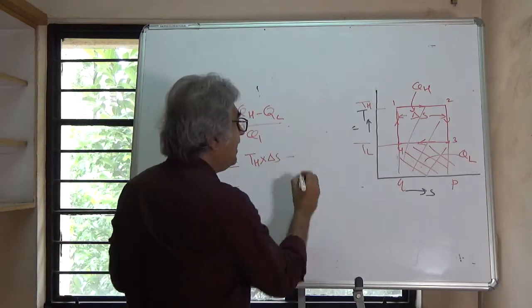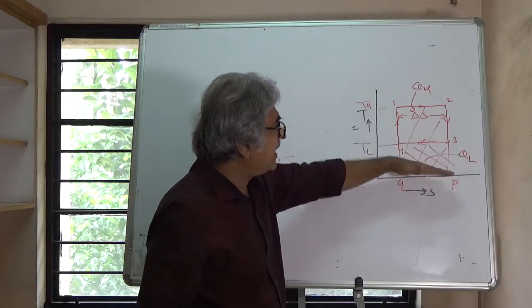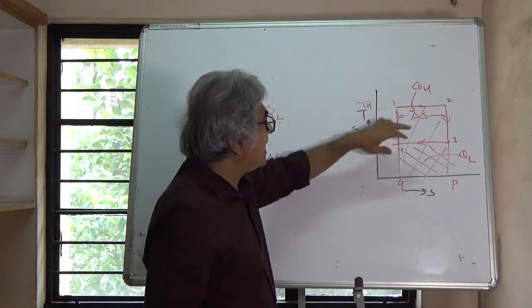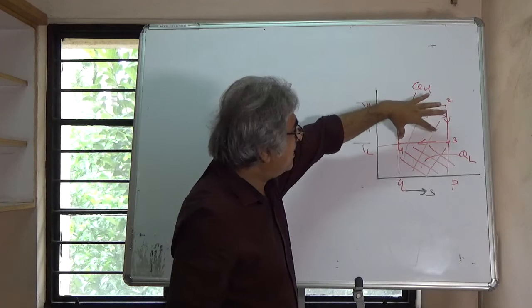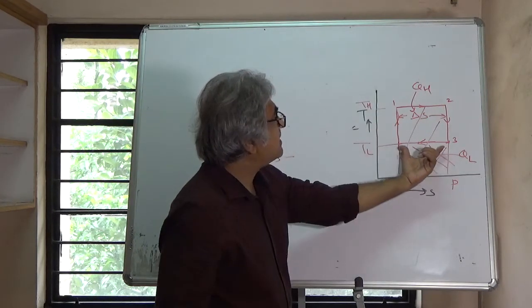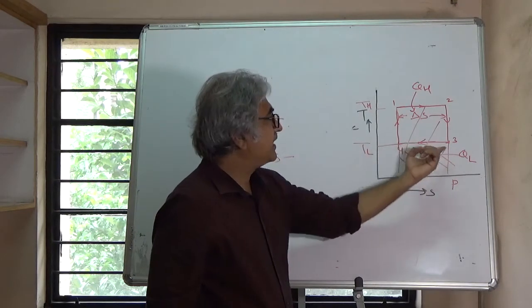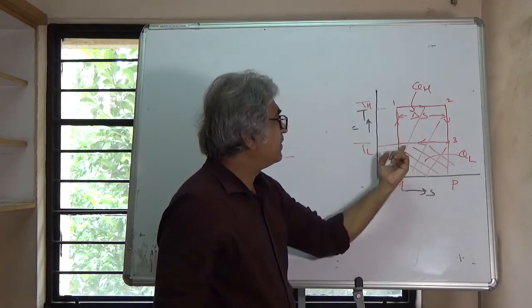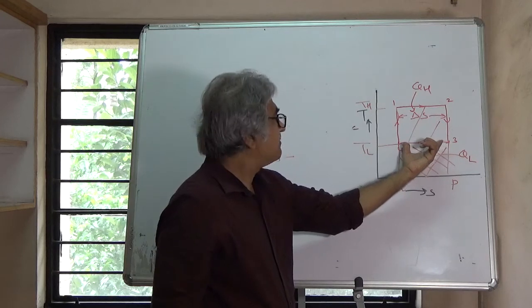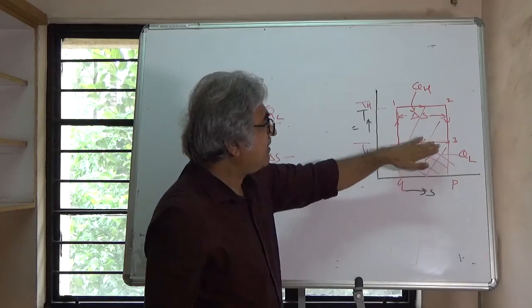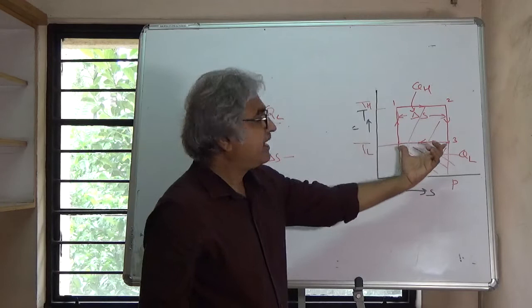And what about QL? QL is the heat rejected. This is TL, and this is delta S. So this delta S and this delta S are the same. When you reject heat, the entropy is going to decrease by the same delta S. So this area, which is QL, is TL into delta S.